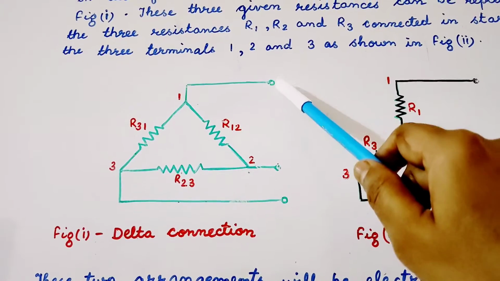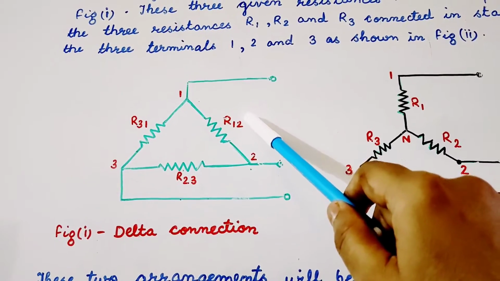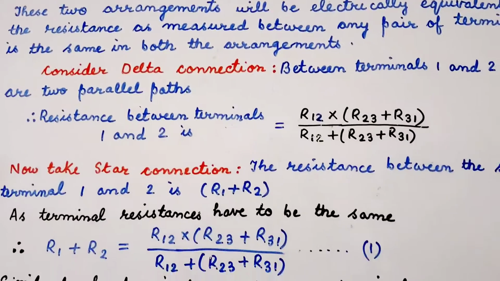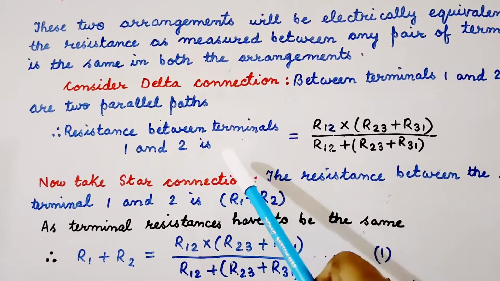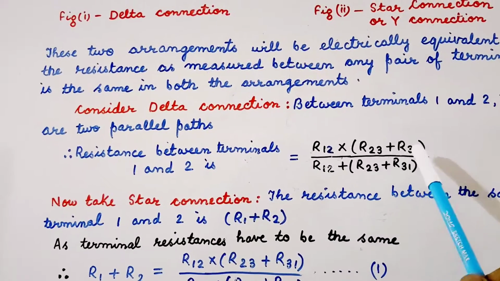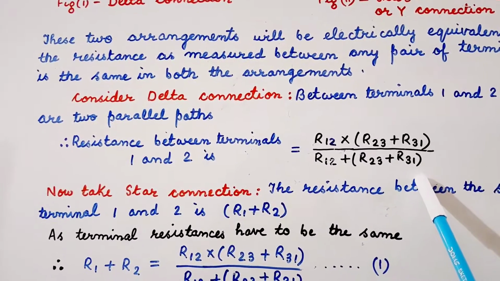So the equivalent resistance between the terminals 1 and 2 will be the parallel combination of R12 and R31 plus R23. So we can write that the resistance between the terminals 1 and 2 in case of delta will be equal to R12 into R23 plus R31 divided by R12 plus R23 plus R31.